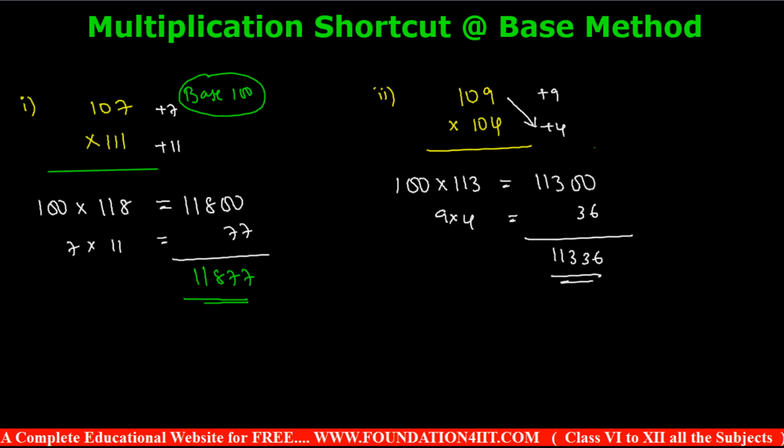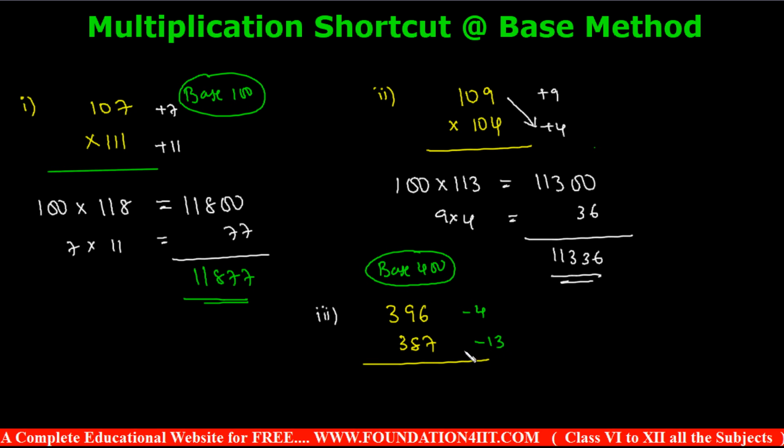For example, let us take one problem with base 400: 396 times 387. When you notice, this is base 400 because both numbers are close to 400. Out of 400, this is less 4, and this is less 13.